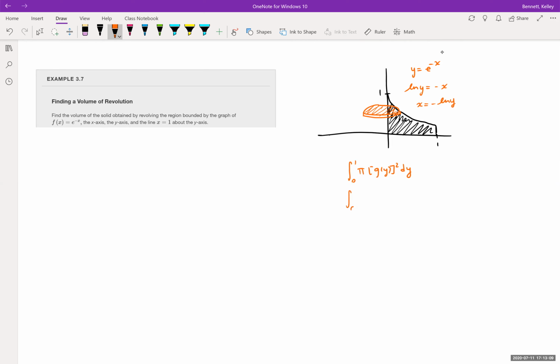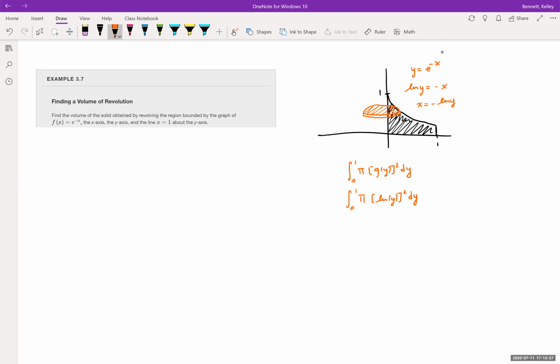So we have pi. If I square that, the negative becomes positive, but then I just have ln of y squared dy. And now I'm really a bit stuck.